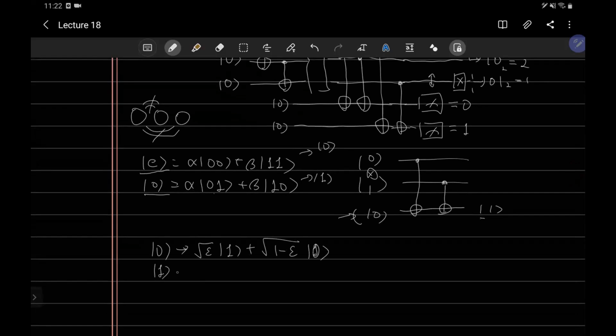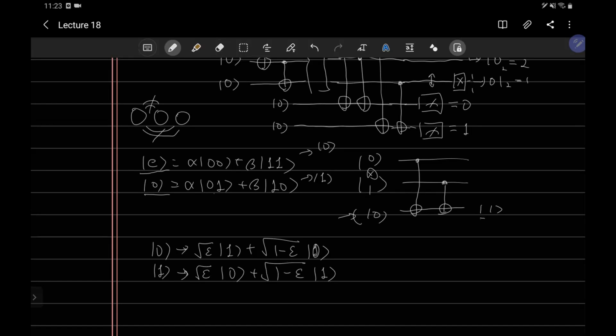While for the 1 case, because we are assuming a binary symmetric channel, the probability of bit flipping will be the same error probability of square root of epsilon, and still we have the probability that it will remain as 1.